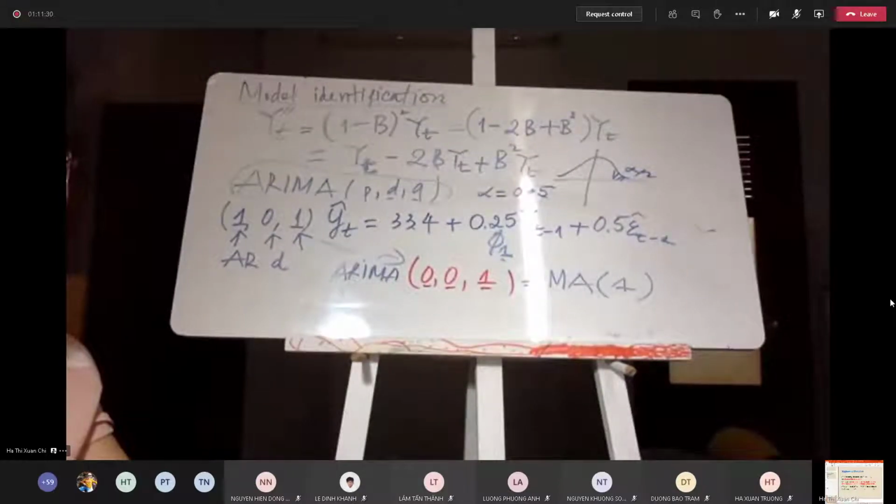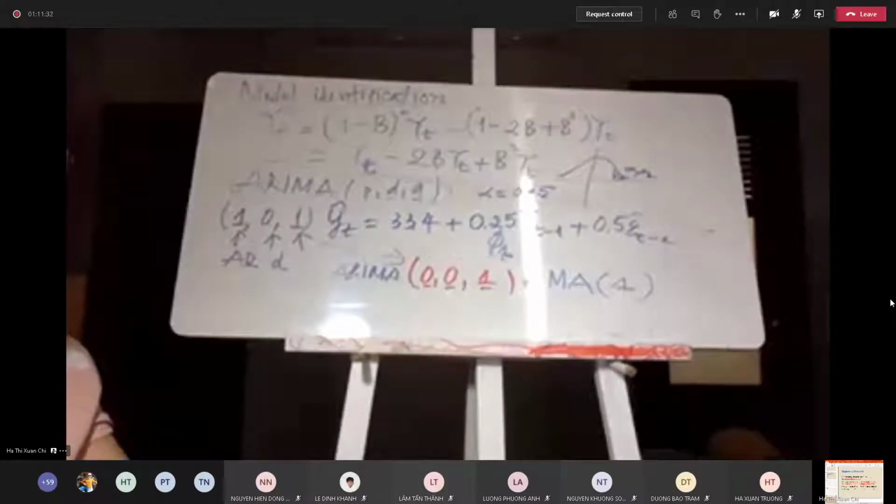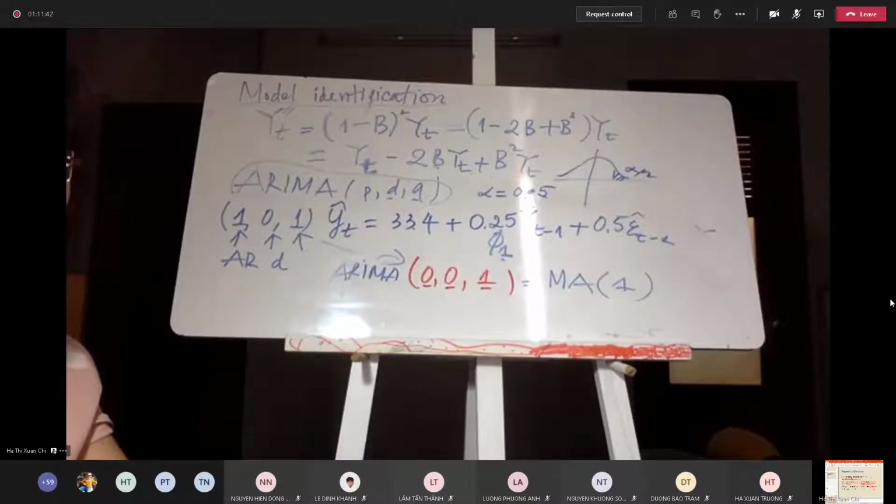In this step, we should look at the ACF and PACF of the residuals. Remember, this is the residuals, not the errors.